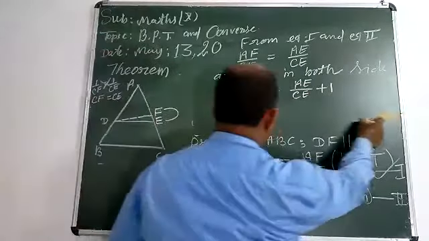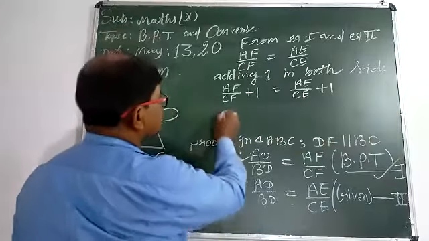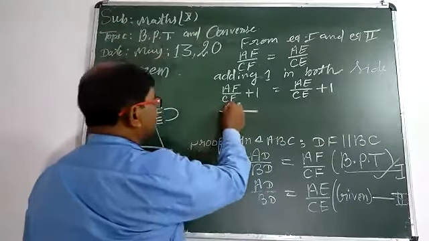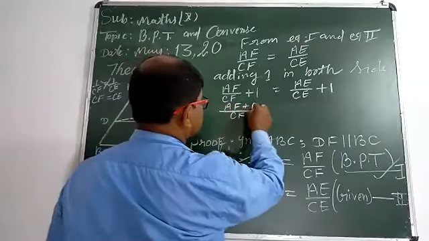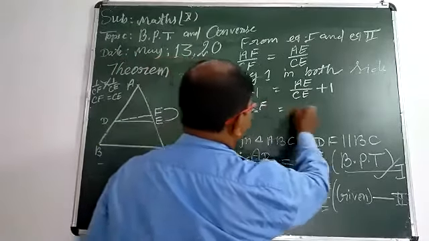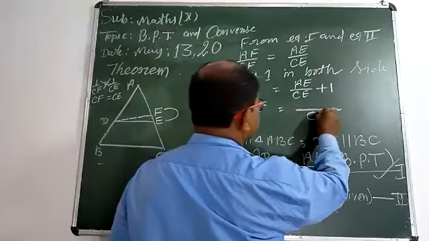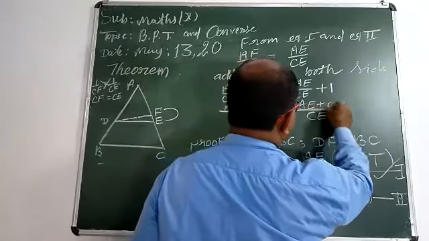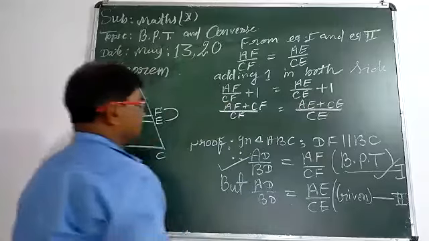Now simplify it. Taking LCM CF, AF plus CF equal to, taking LCM CE, AE plus CE.